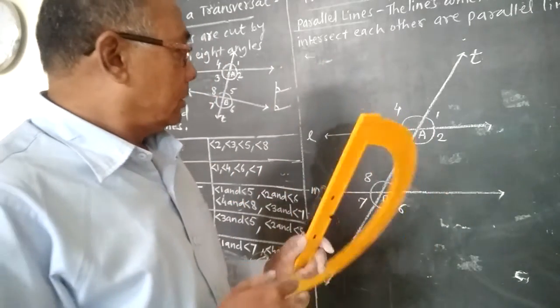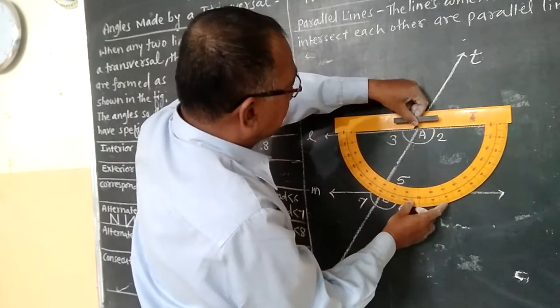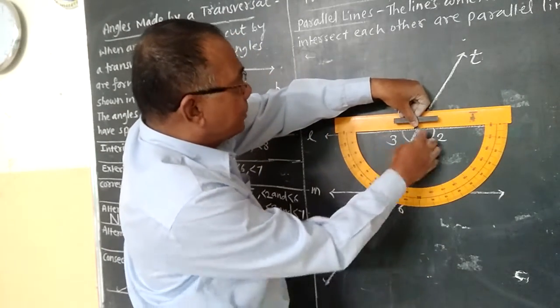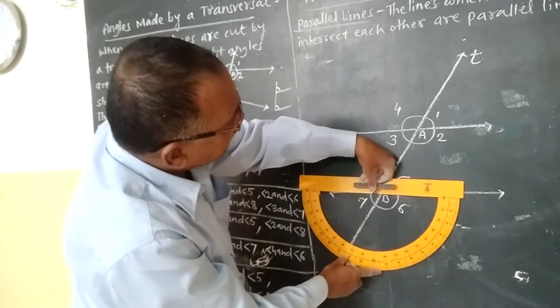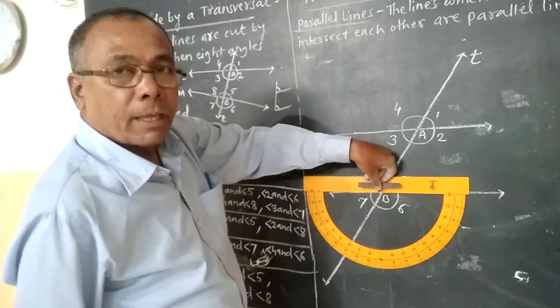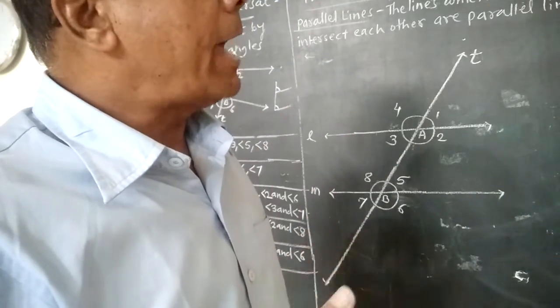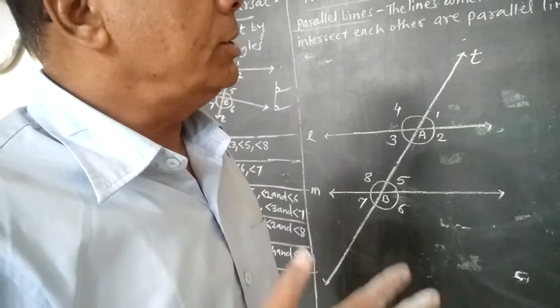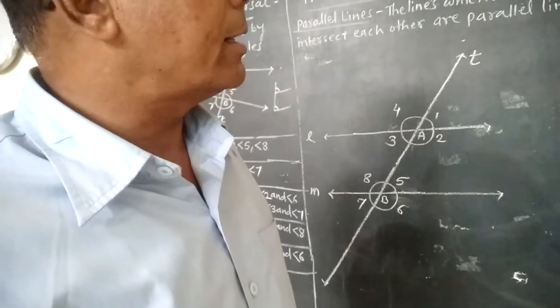If we check angle 3, it is 60 degrees, and angle 7 is also 60 degrees. So if two parallel lines are cut by a transversal, then each pair of corresponding angles are equal.